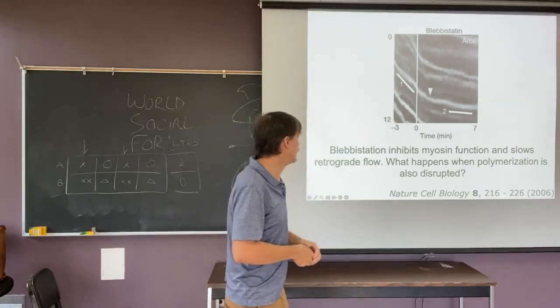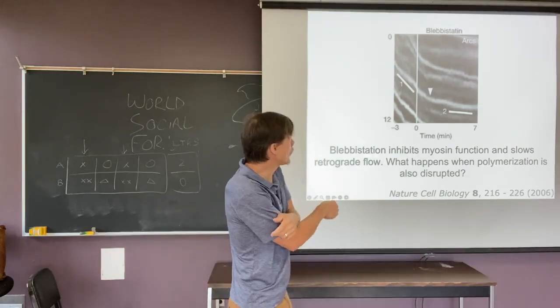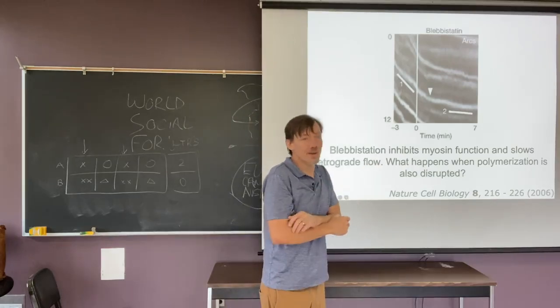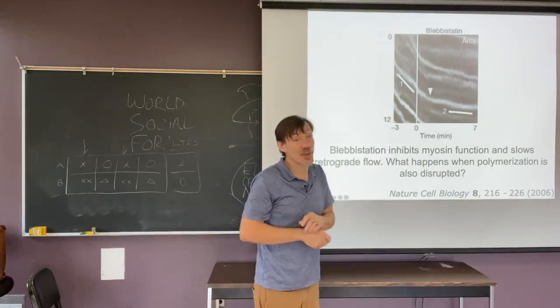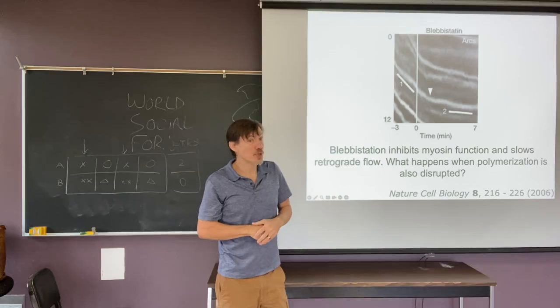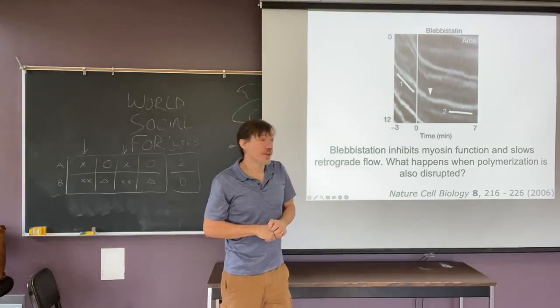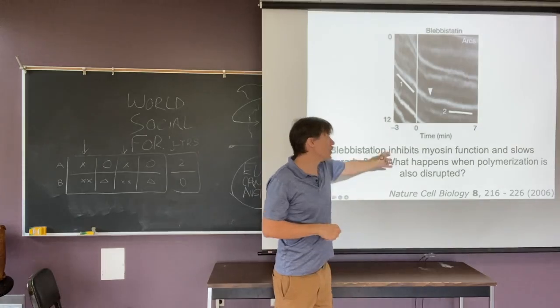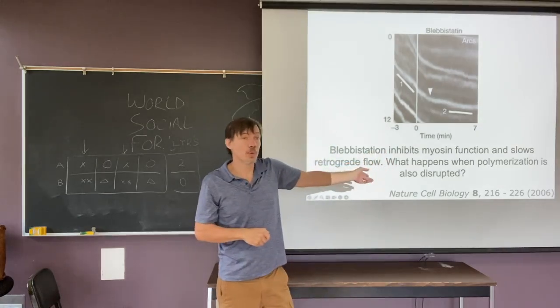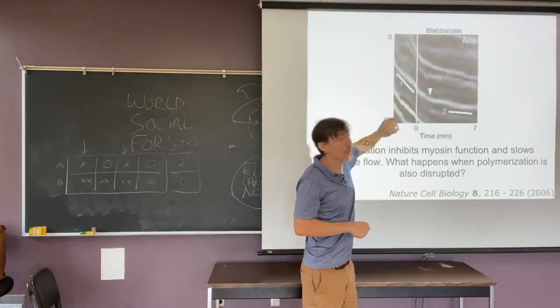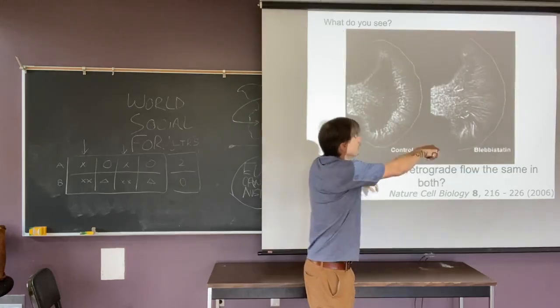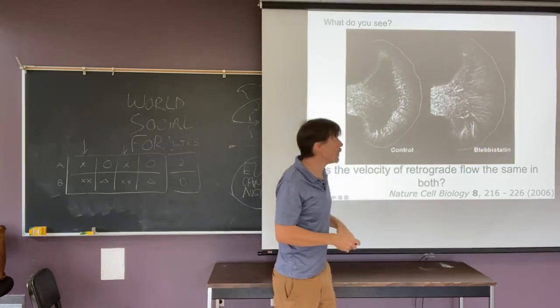So, okay, would we agree that blebbistatin is slowing down motion here? Okay. So the question is, if we disrupt actin assembly, what would you expect? This is a kymograph in essentially the P domain of a growth cone.